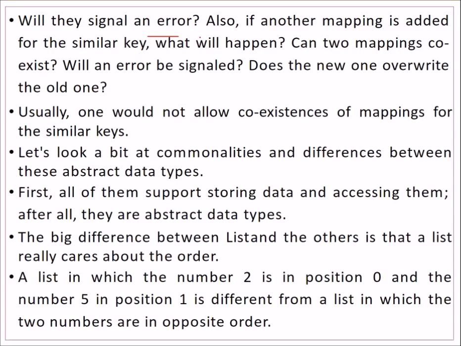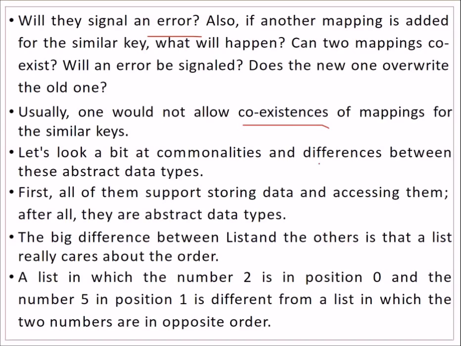Will they signal an error? Also, if another mapping is added for the same key, what is going to happen? Can two mappings coexist? Will an error be signaled? Does the new one override the old one? That is, one would not allow coexistence of the mapping from the similar key.